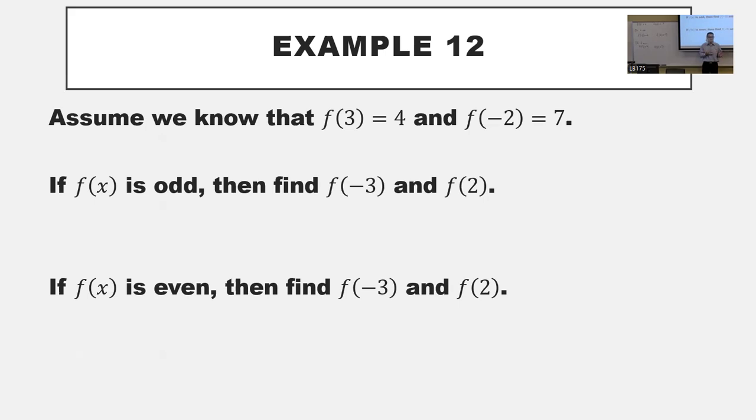We're getting that. So the negative inputs on an even function have to give me the same output as the positive number. On an odd function, we have to negate the outputs.